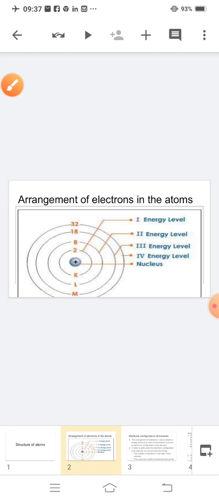So basically, this is the arrangement of electrons in the atoms. Clear? And the energy shell which is near to the nucleus has minimum energy, as compared to the farther ones.